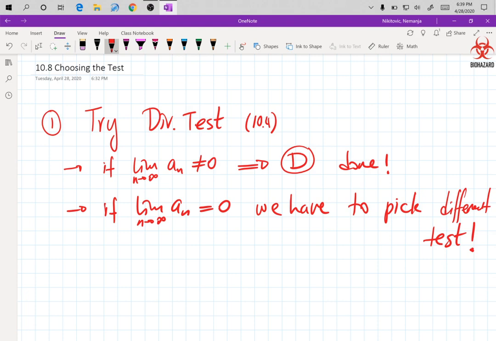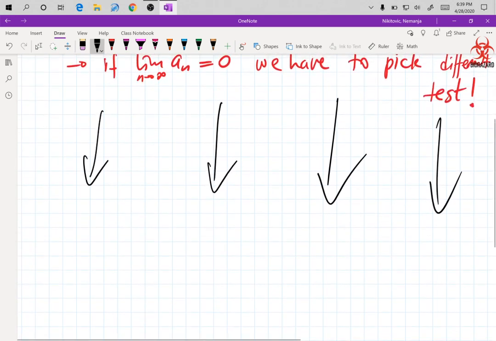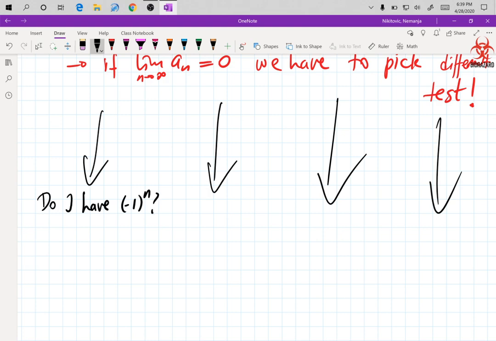So if you get that the limit is 0, then you have other questions to ask yourself, right? I'm just going to put a bunch of these arrows, and they lead to different tests. You can ask yourself, do I have (-1)^n? If the answer is yes, then use the alternating series test. That was 10.6.